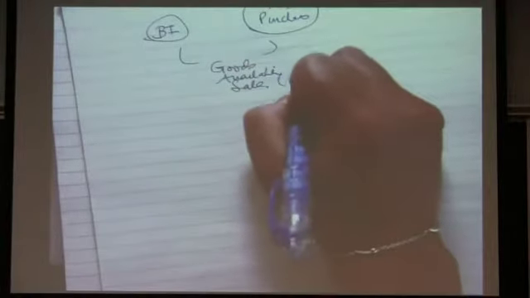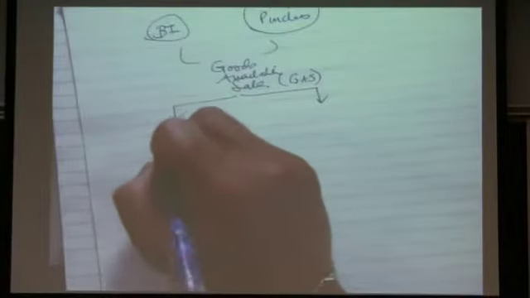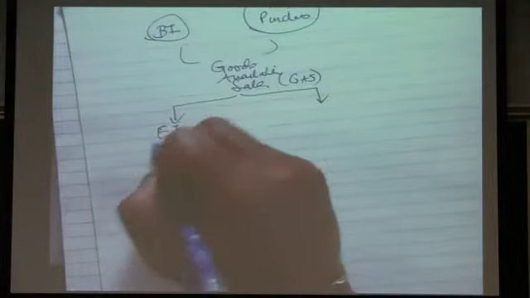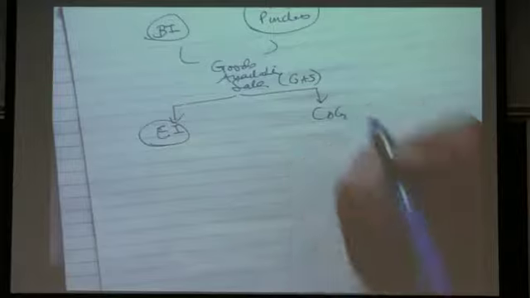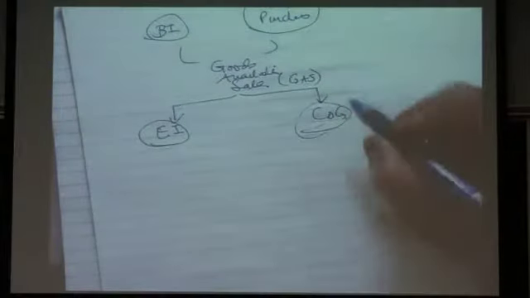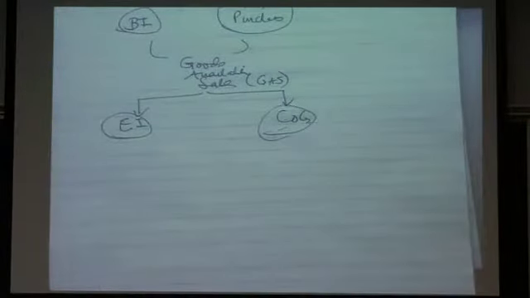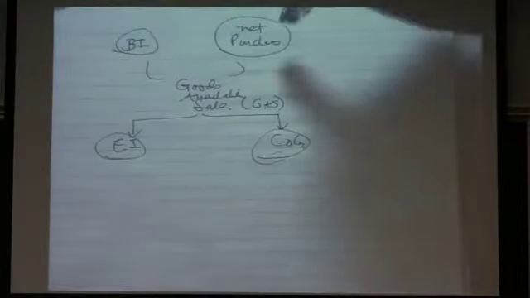So gas. And then we either have ending inventory or cost of goods sold. The way it works under the periodic inventory system, everything we buy goes into purchases.